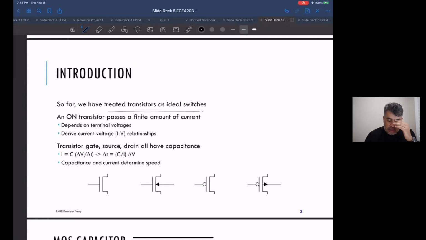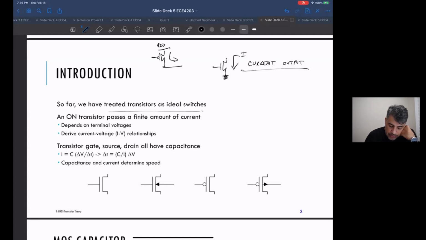In a digital circuit, for the most part, we care that a MOS transistor has a current output, a current capability. If this was a ground, it can pull down a certain current. We care about the current, whether it sources or sinks. If it was a PMOS, we're typically sourcing current from the supply. Either way, you care about the current.